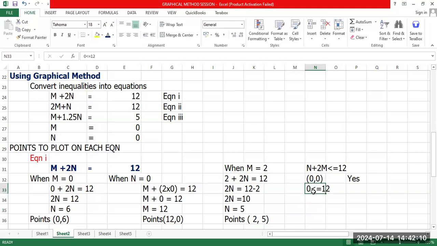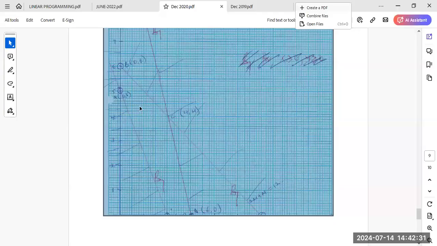You'll be asking yourself, is it true that 0 is less than 12? It is true. Yes. So where you have yes, that is the wanted region. That is the region you are interested in. Shade where you have no. Shade the other side. So that's why you see here the shading is this.